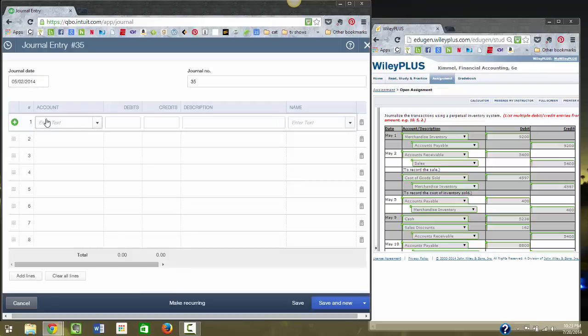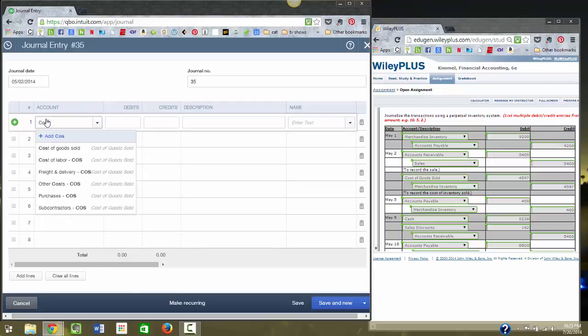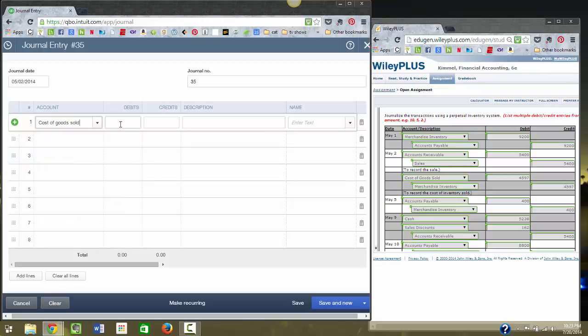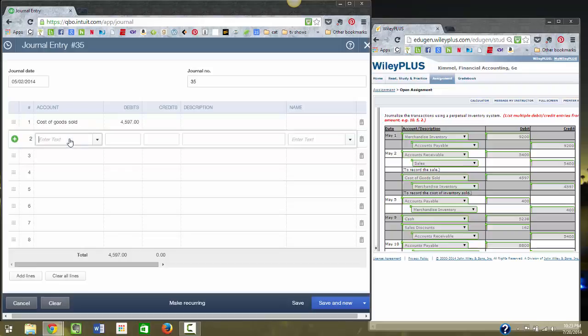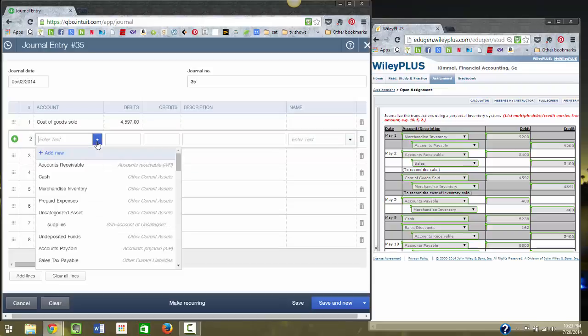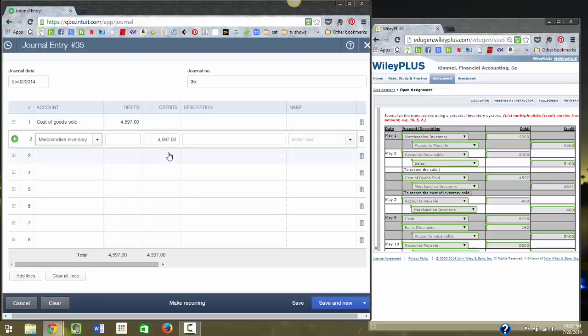So we are going to do cost of goods sold. We're going to debit that $45.97. And then merchandise inventory we're going to credit for the same amount. Okay, and the date is correct, so we are moving on.